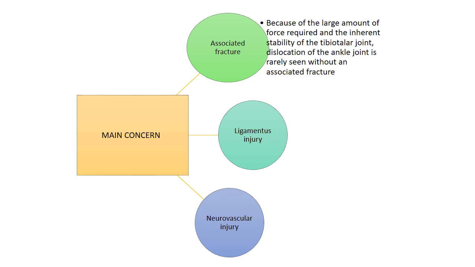The ligamentous injury in ankle dislocation mainly occurs in the anterior talofibular ligament, and neurovascular injury can be checked by checking the skin changes, the nail changes, the capillary refilling time, and also any numbness in the foot.